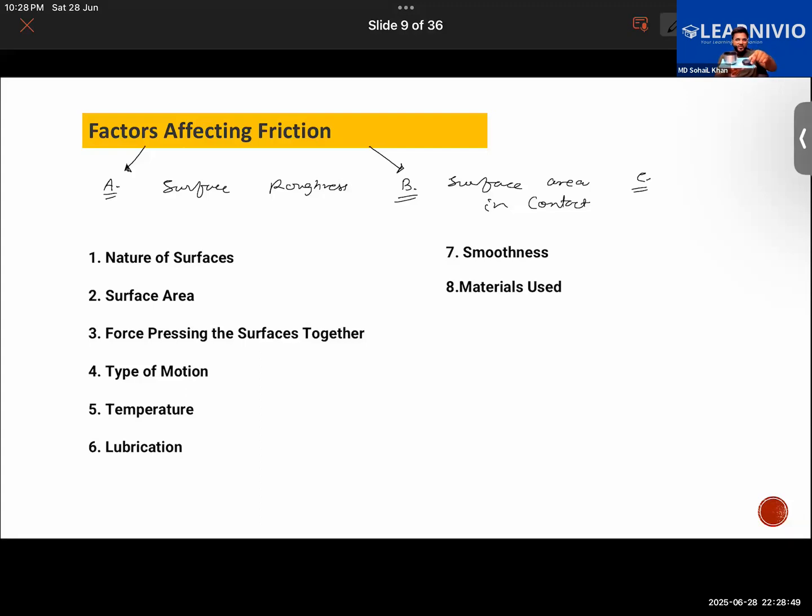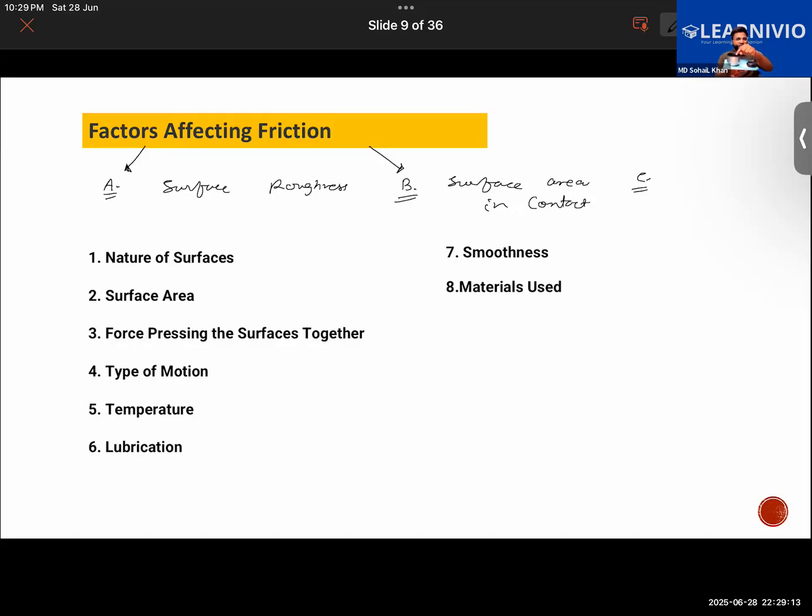Also, for this object which I am holding, the friction will be less or more? Less, exactly, because it is pressing the surface with less force because it is lighter.